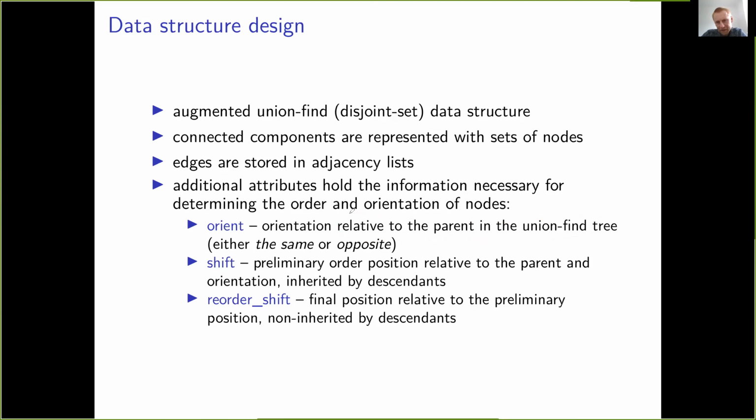Then, when we want to reverse the whole connected component or change the order, we only modify the parameters in the root of such a tree, which makes some of these operations of adding the edges much more efficient.